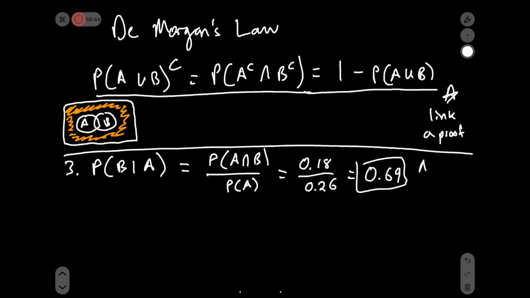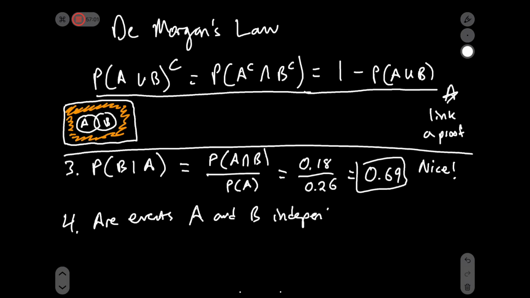All right. Last part. Last question. Are events A and B independent? Think about this for a moment. How do we know if 2 events are independent? What's the way to prove this?